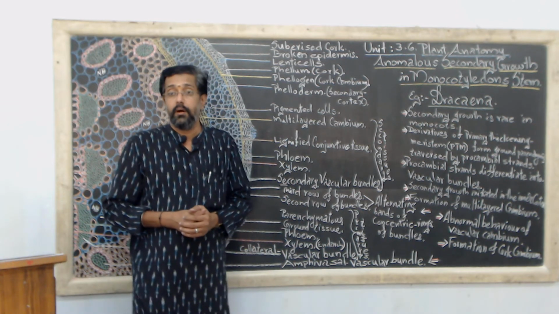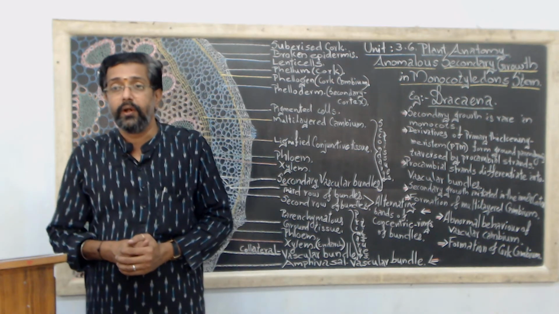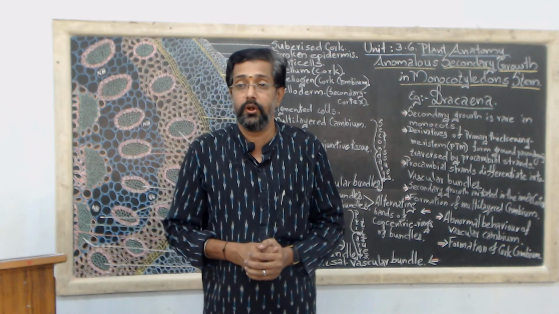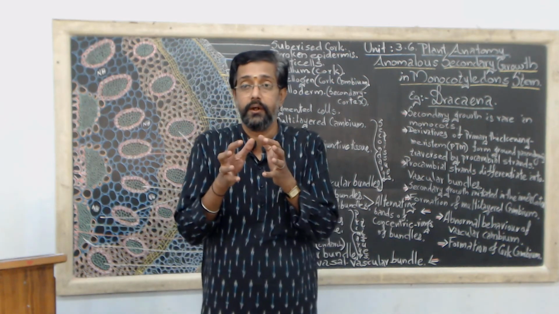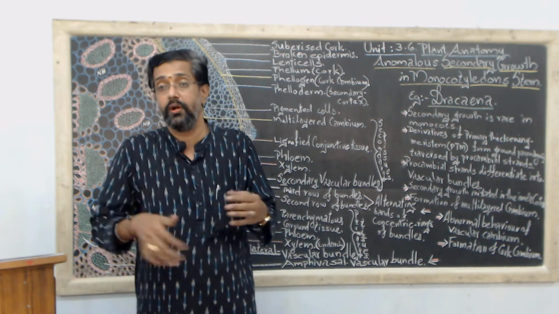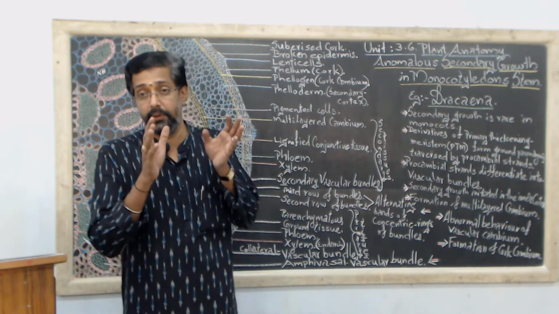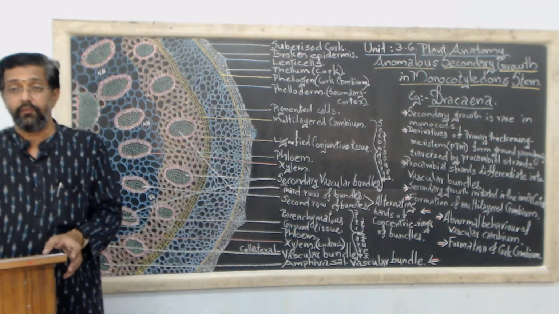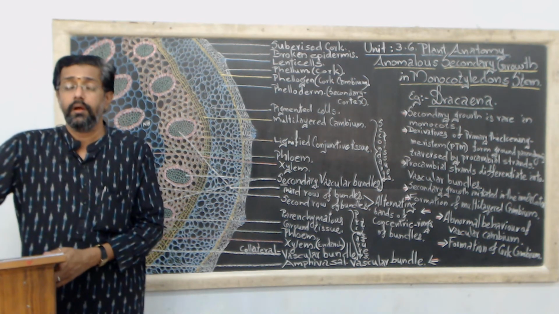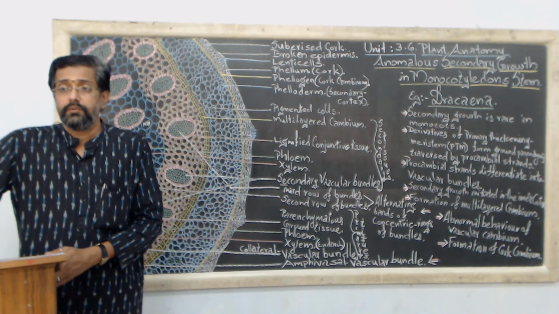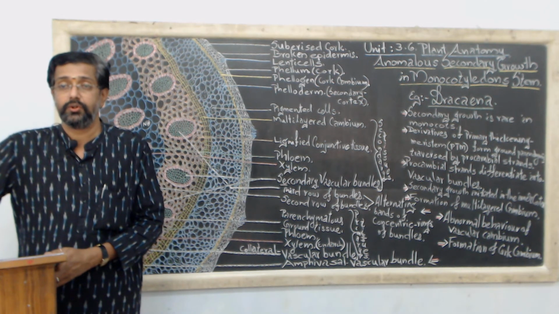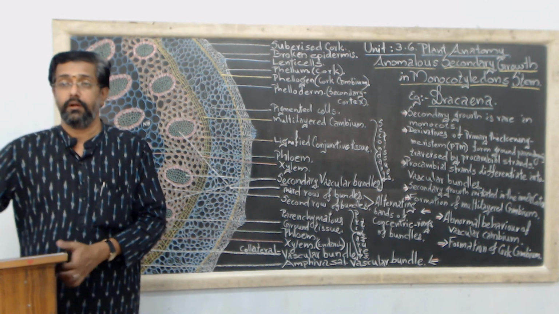That is, in the bundles formed during secondary growth and thickness, the center is completely filled with phloem, and the phloem is completely surrounded by the xylem elements. Such bundles are called amphivasal vascular bundles. So this is the general nature of anomalous secondary growth and thickness in monocotyledonous plants, example Dracaena. Thank you.